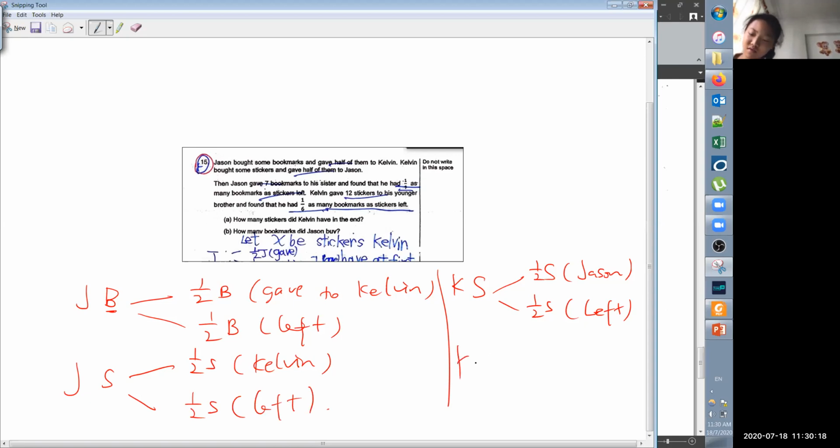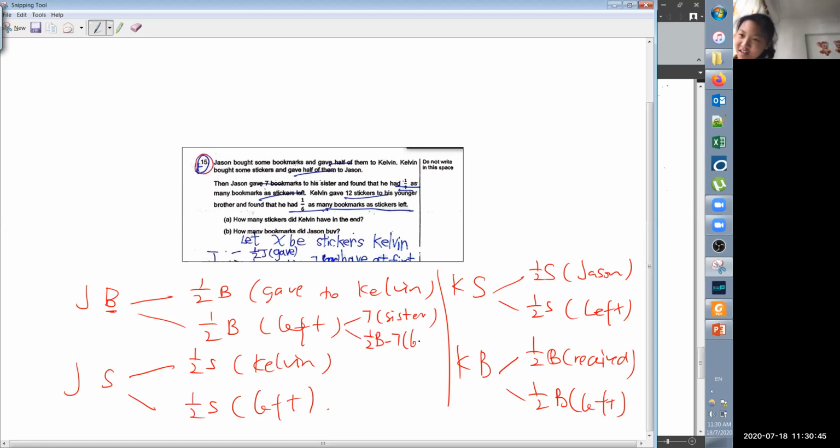And then Kevin's bookmarks, you receive, so half left. All right, now Jason gave 7 bookmarks to his sister. So whatever is left, Jason gives 7 bookmarks to his sister. So left is half B minus 7. Am I right? For Jason. And he found that he had 1/9 as many bookmarks as stickers left.